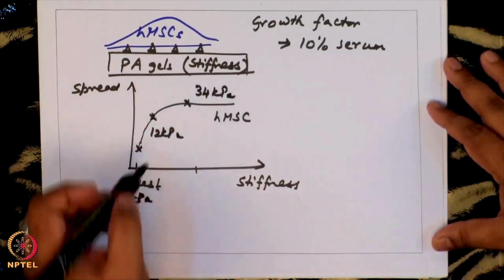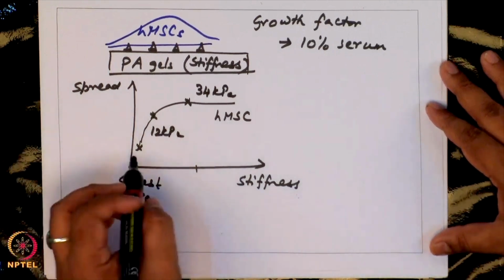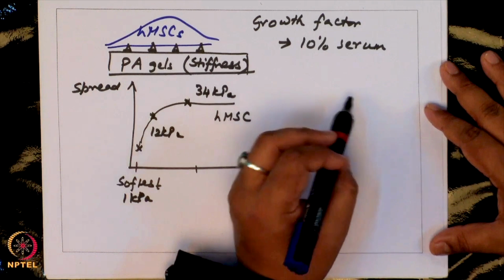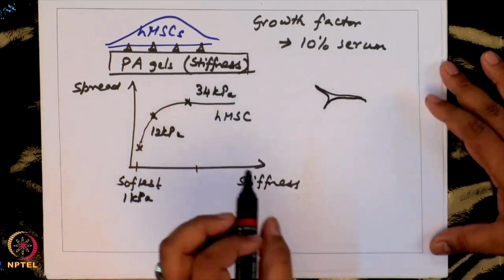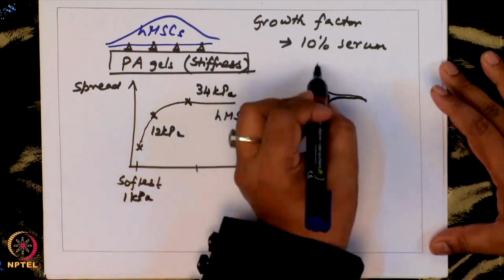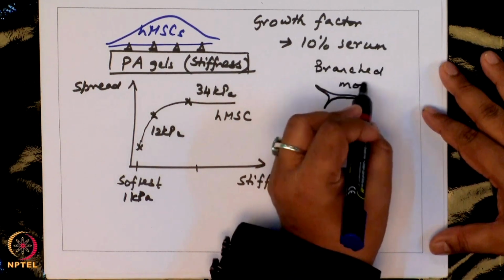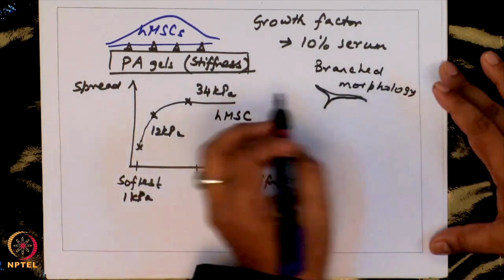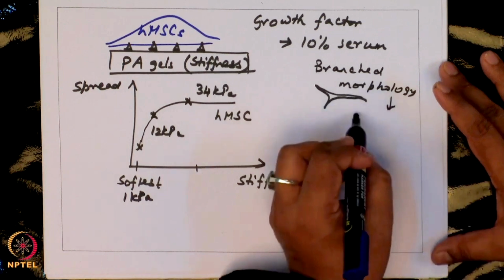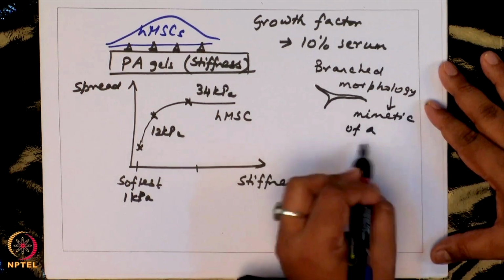So, when you ask what is the shape of the cells, what the authors found was on the softest 1 kPa gel, the cells, okay, had a more elongated or a branched morphology. So, branched morphology mimetic of a neuron.